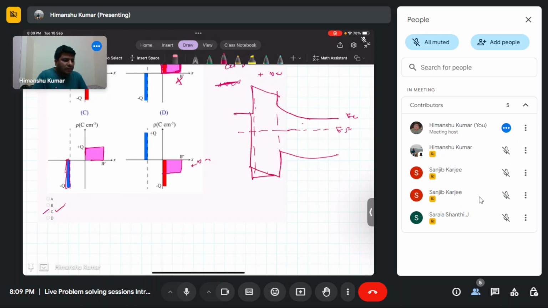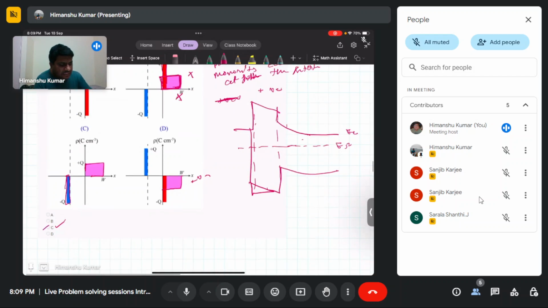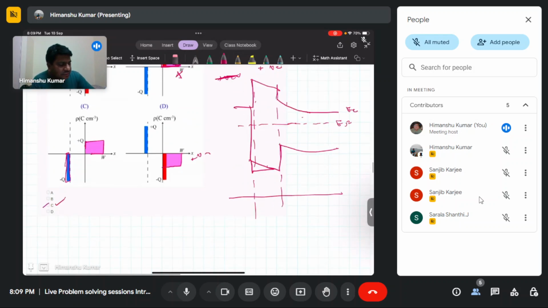Now, as you can see, because this region is depleted of charge carriers, if we draw the charge picture, since this is n type, the dopant will be a group 5 element whose ions are positive.